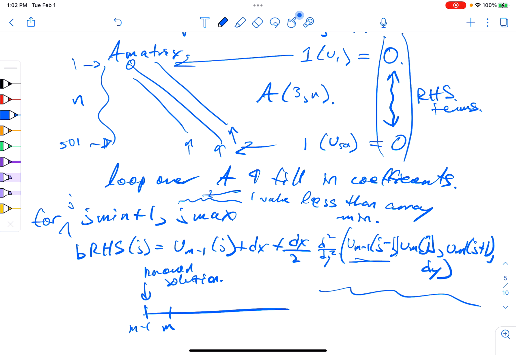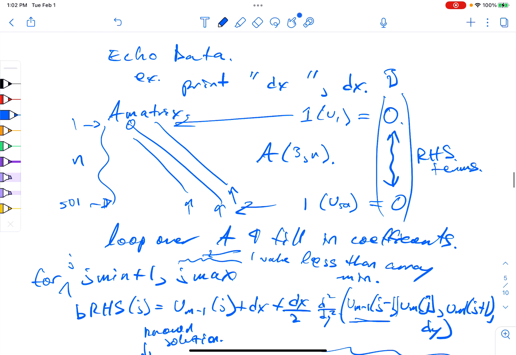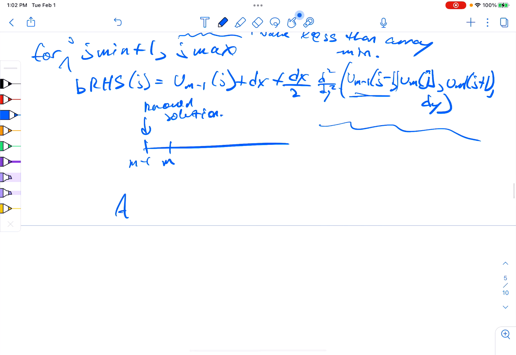That's why in A x equals b, everything in A is really operating the coefficients for unknown variables. So this x here of A x equals b is on um, and this is um minus 1. Okay, so I've set up the coefficients A, and I have a right-hand side b.